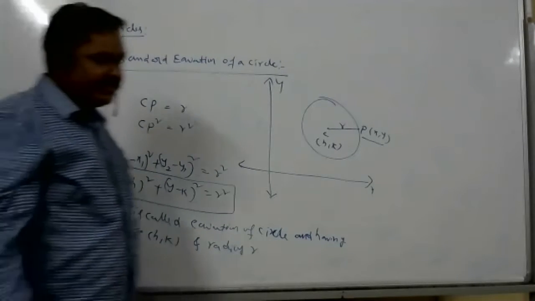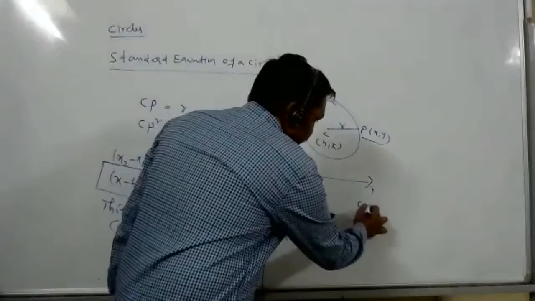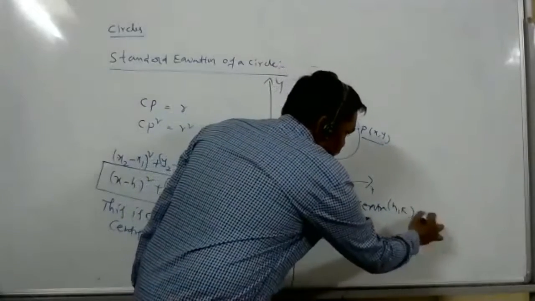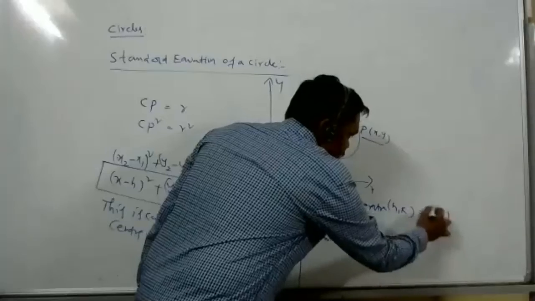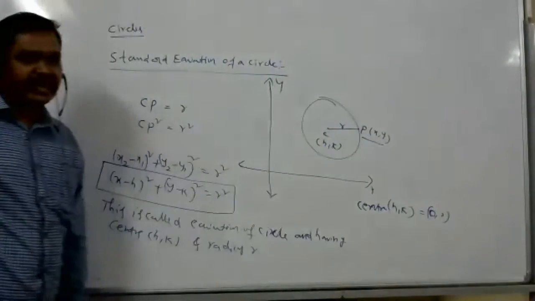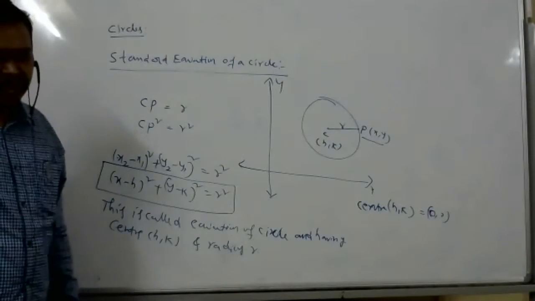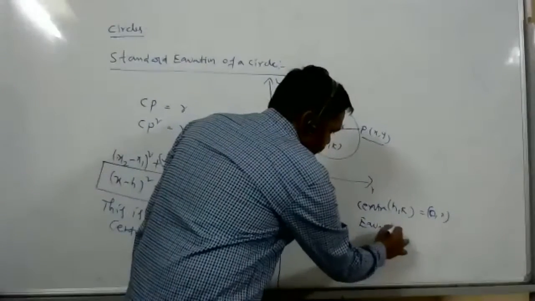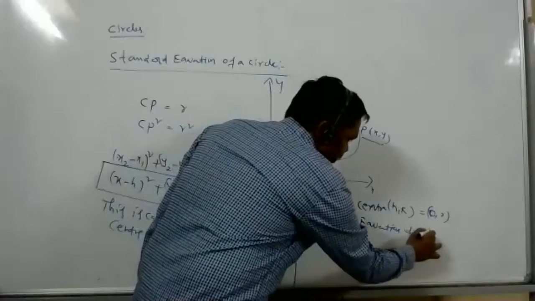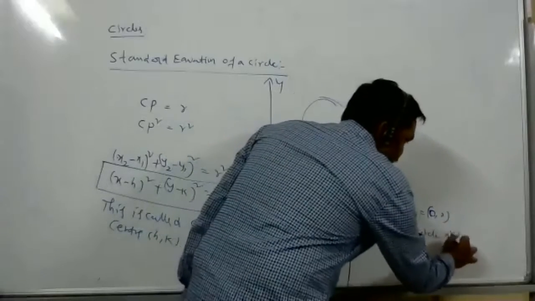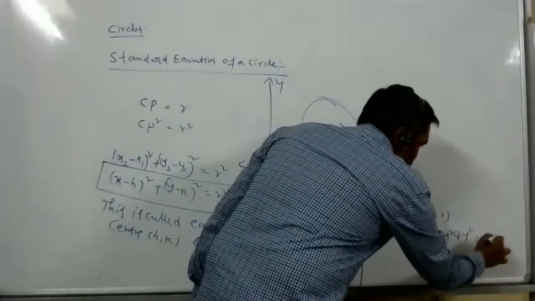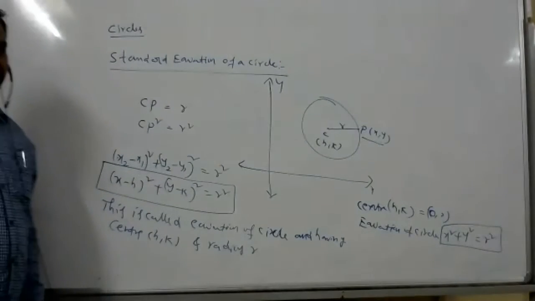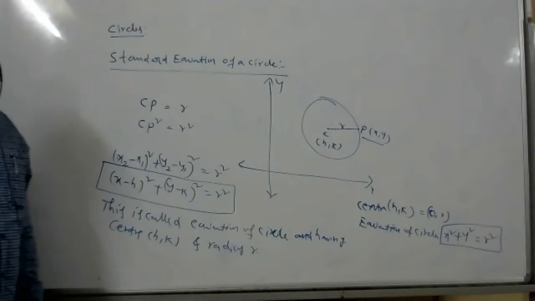And if the center h comma k is 0 comma 0, then the equation of the circle is x square plus y square is equal to r square.